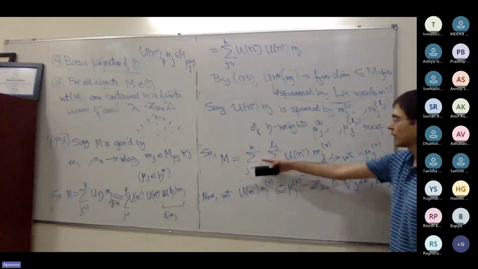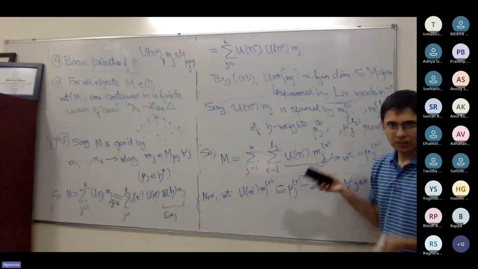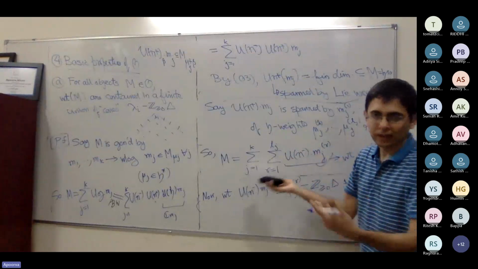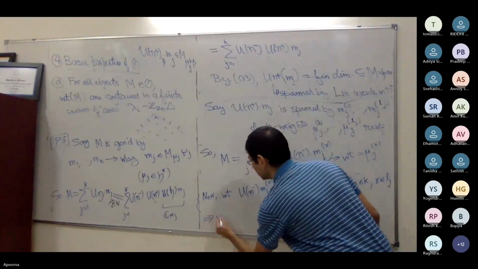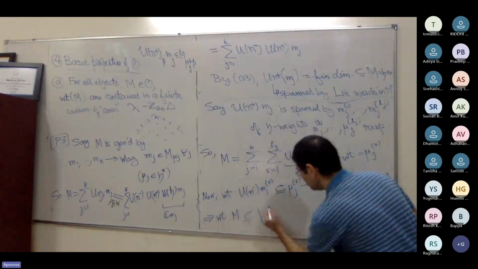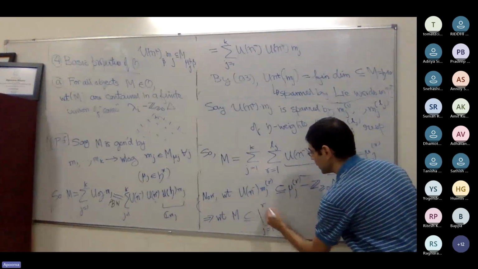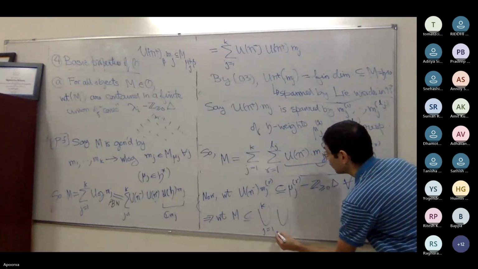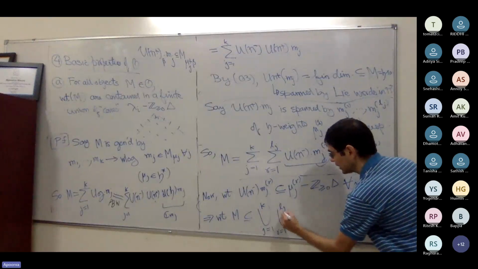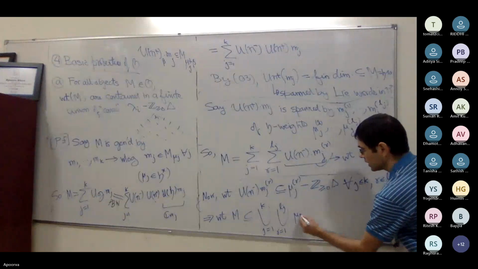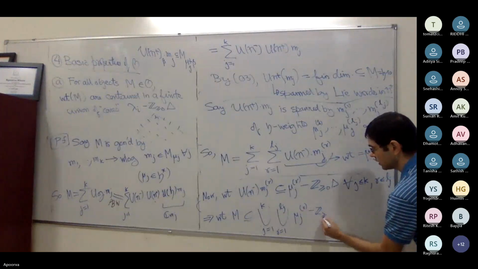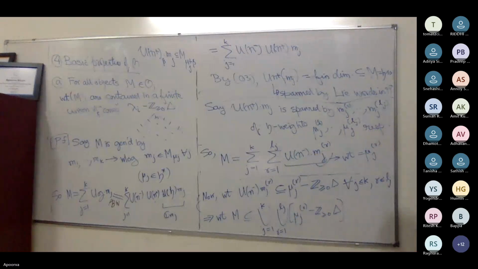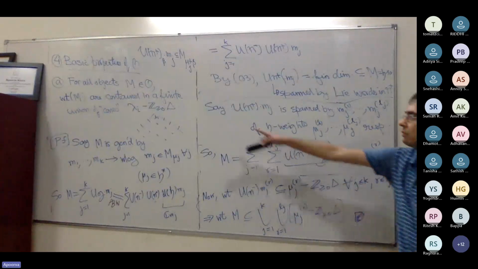But if that is true, then when you take the sum of these subspaces, the eigenvalues of a sum of vector spaces are contained in the union of the eigenvalues. So therefore, M is contained in the union, j goes from 1 to k, and r goes from 1 to lj. This is exactly what we wanted to do.